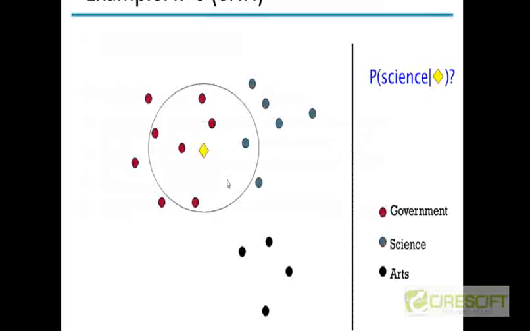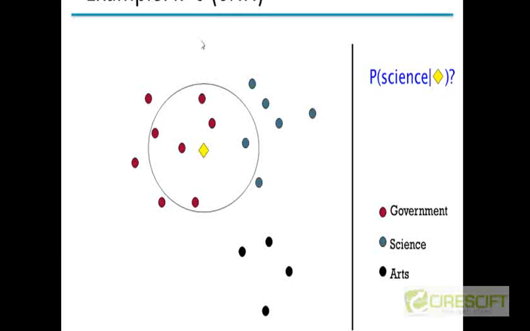So here's an example. This is that old example where there are 3 classes: government, science, and arts, shown by 3 different colors. Now we are given this test document shown here by this yellow diamond, and we want to decide which class it falls into. Now the value of k has been fixed at 6. Obviously this algorithm has to be run by first deciding what your value of k is going to be.